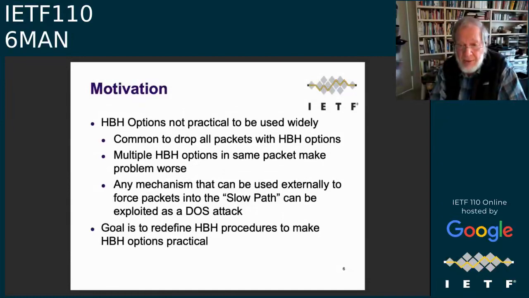The goal when I wrote this was to redefine the procedures to make hop-by-hop options more practical to use, because I think they have a lot of good potential, but right now you can't use them consistently across the internet. Next slide.